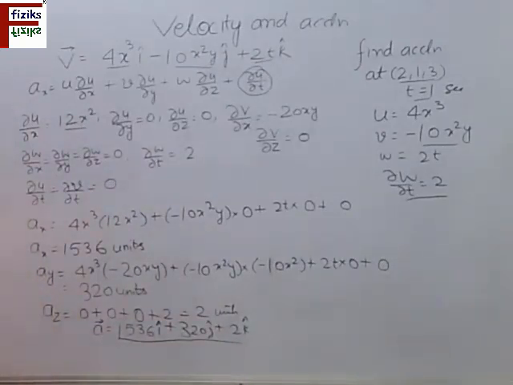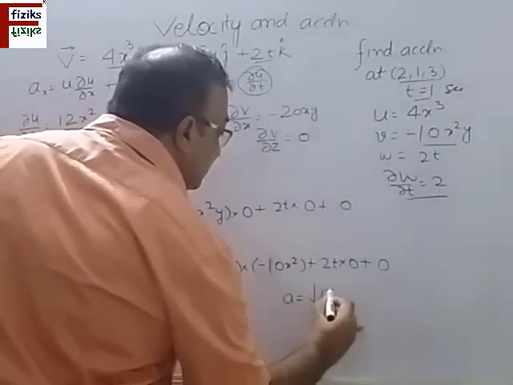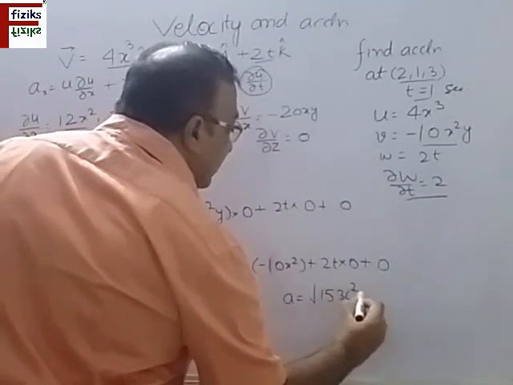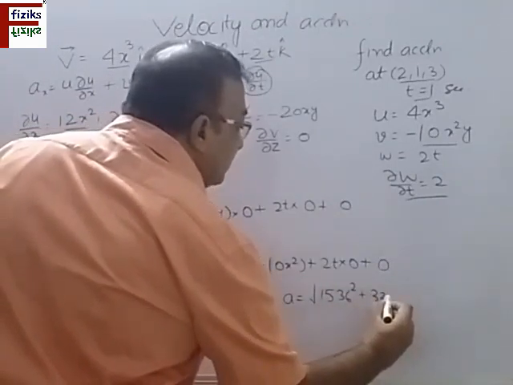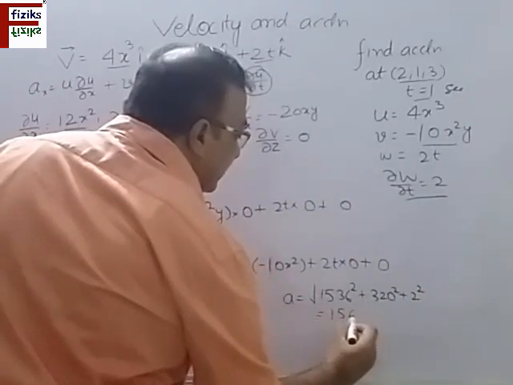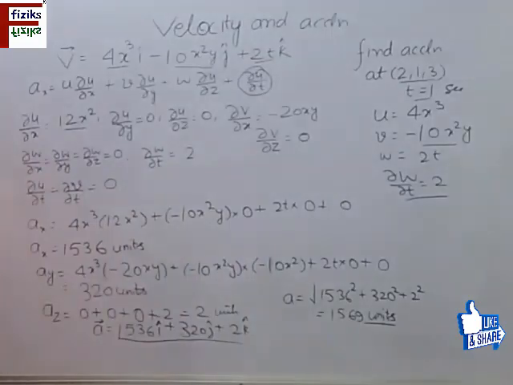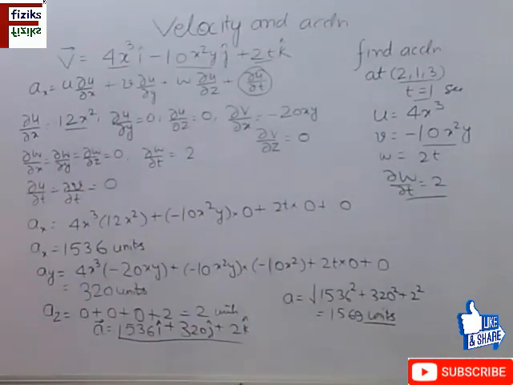That will be the total acceleration, and the answer is around 1569 units. Magnitude of a is the square root of 1536 squared plus 320 squared plus 2 squared, around 1569 units. So this is how we calculate the acceleration of a fluid flowing at any time. So note it down, please.